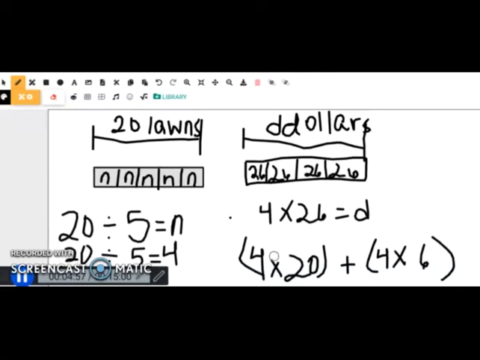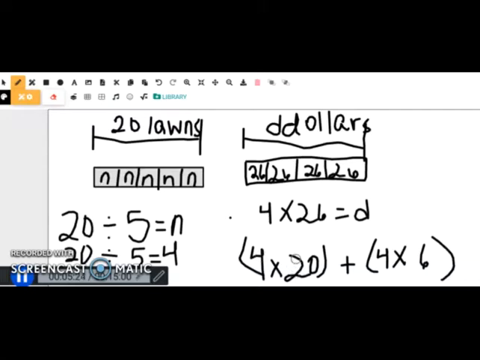I chose to use the distributive property here because I'm multiplying a single digit by a two-digit number, and it makes it easier for me to use that distributive property. And the 4 is the number that's being distributed, so I broke up the 26 into 20 and 6. So now I'm going to do my multiplication for each one. So here I know that 4, and I'm going to think about this digit in the tens place.